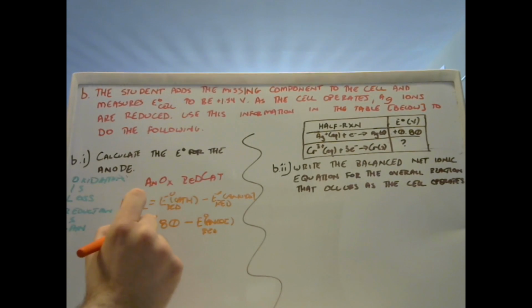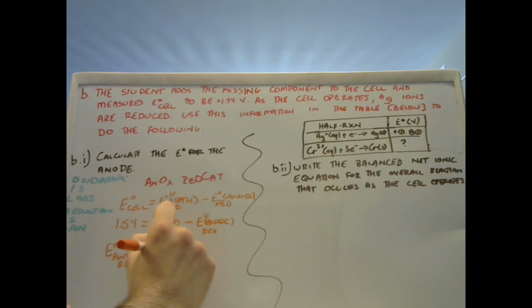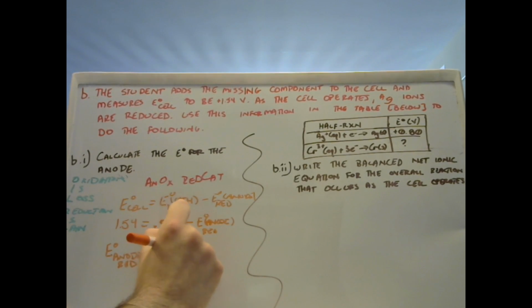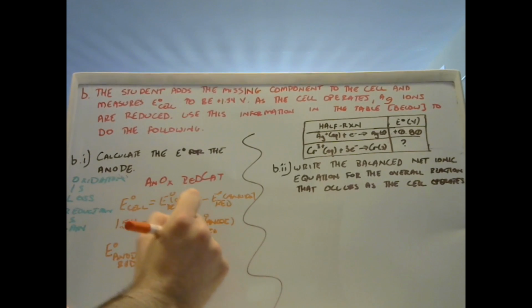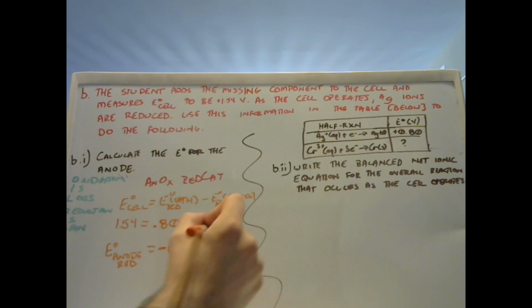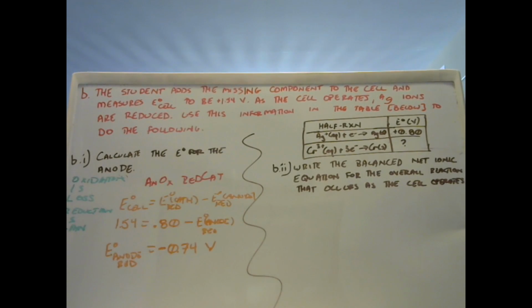Solve this out. Subtract the 0.8 to the other side. Don't forget your negative sign. Gives you negative 0.74 volts. And there you go. Just some factual information that you just need to be able to piece together.